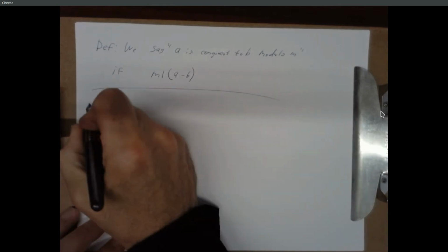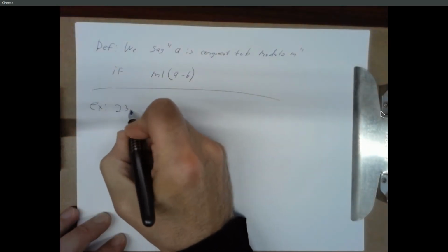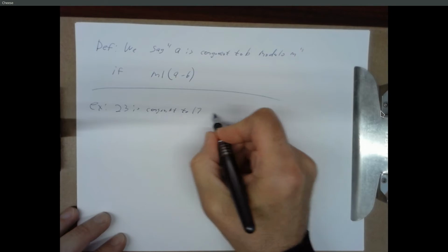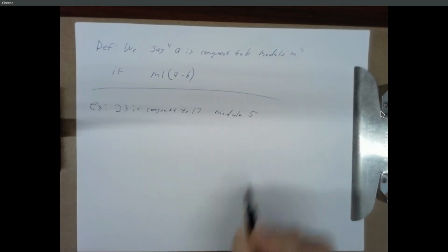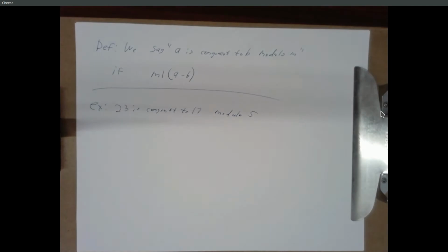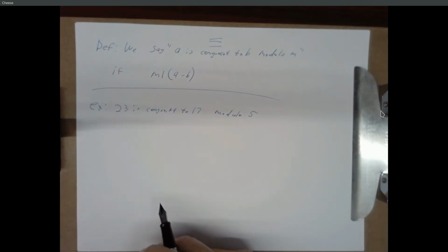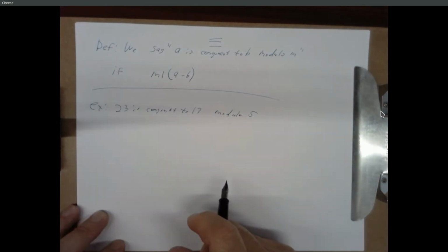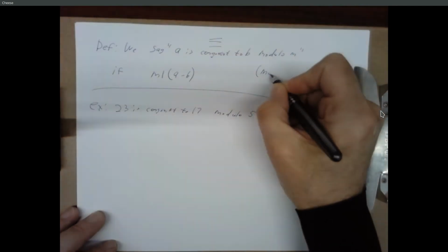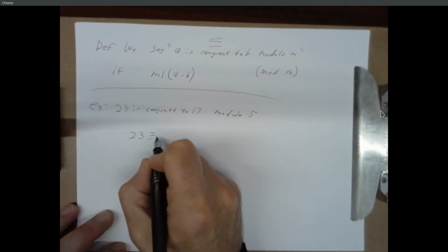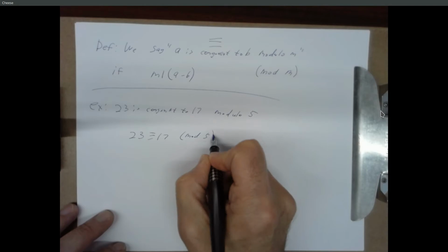So for example, 23 is congruent to 17 modulo 5, because the difference between 17 and 23 is 6... no, the difference is 5, and that's divisible by 5. And we can write congruent with this triple equal sign, so this is no longer logical equivalence, this is congruence. And we sometimes write modulo M as just mod M in parentheses. So we could say 23 is congruent to 17, parentheses mod 5.